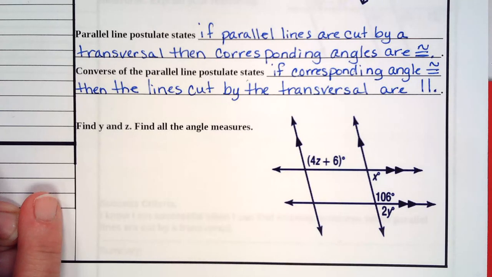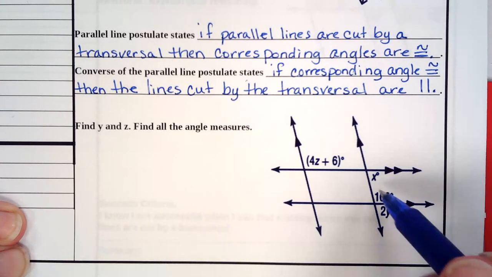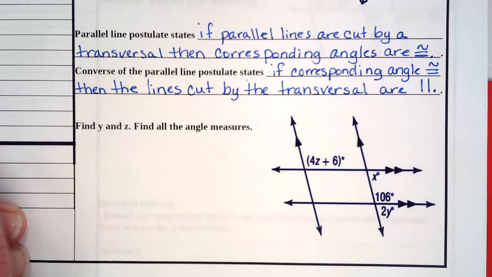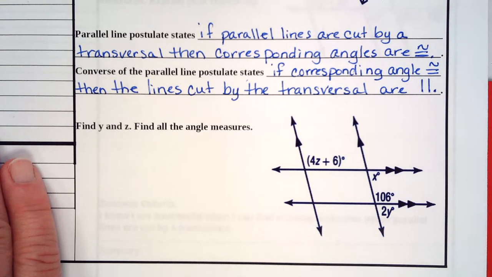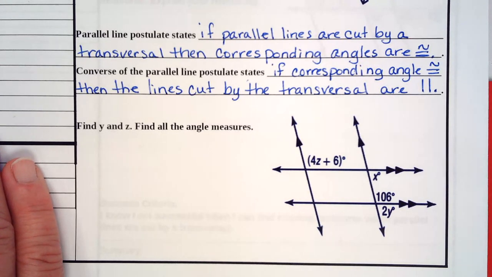What do I know about x? x and 106 are same side or consecutive interior angles. So the question has to become, are they congruent or are they supplementary? If you said supplementary, you would be correct.